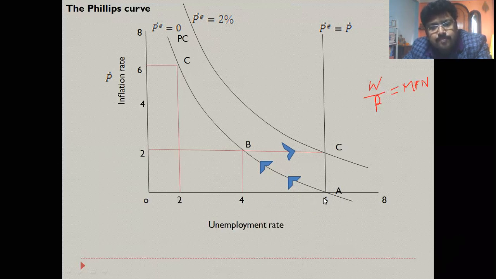The unemployment rate has fallen from the natural rate 6% to 4%, and there is inflation.